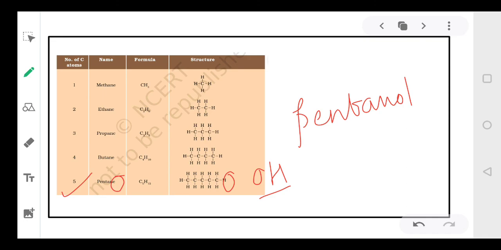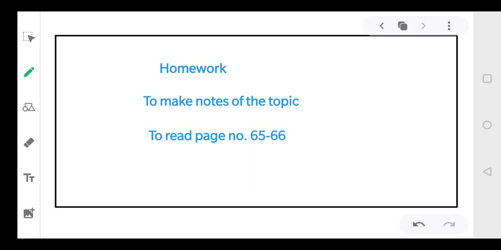We will have two tables, one of halogens and one of alcohols, up to 5 carbon atoms. Then you will read pages 65 and 66.